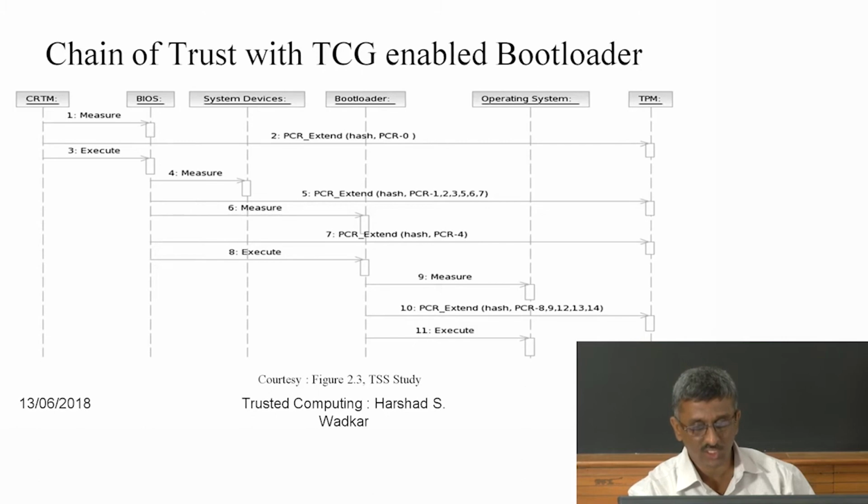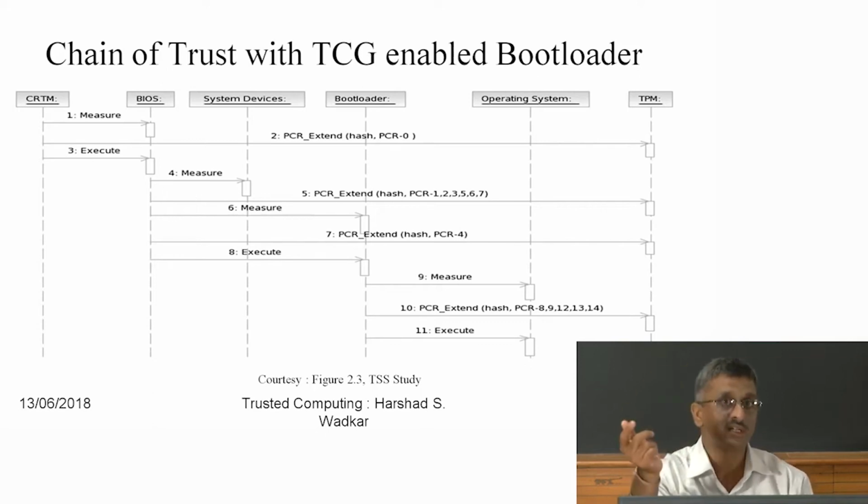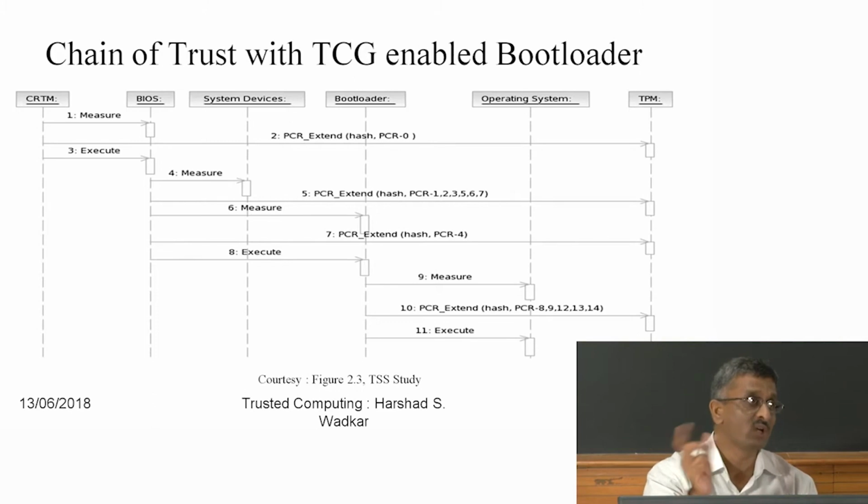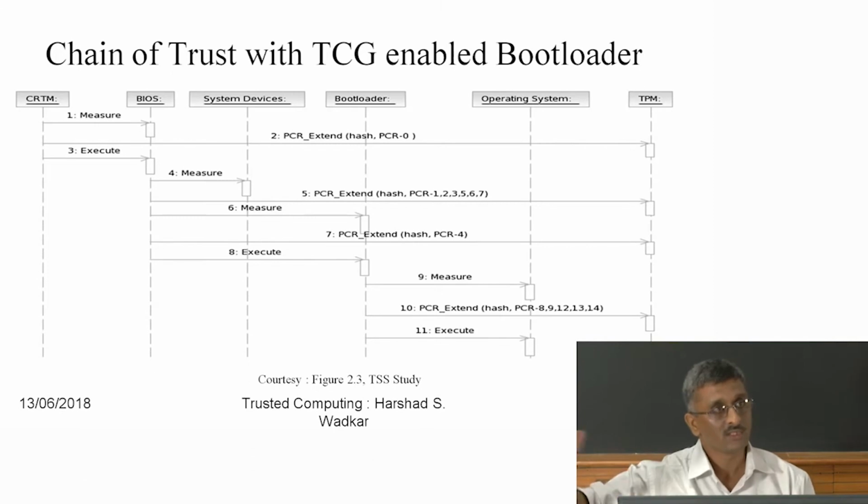The measurement is stored in registers 8 to 14, and then your operating system is loaded into RAM. I get a command prompt, or a UI, or a GUI, and then I open another application. For loading those applications I require an application loader. That application loader comes into the picture, checking the hash values, and storing it in PCR 17. That will start from this location onwards.